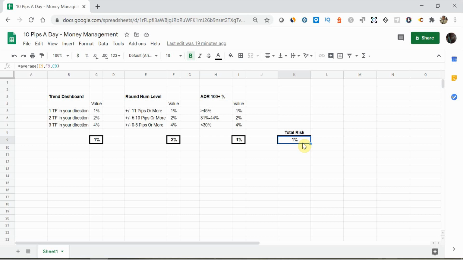If you're doing a one-to-one reward to risk, and I go through this in my Confluence videos, and I strongly recommend that if you are interested in this type of stuff, it's very important, you have to have a win rate of above 50% to be profitable.